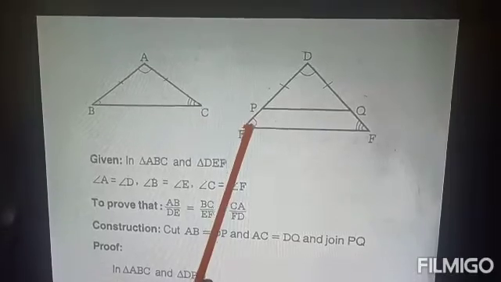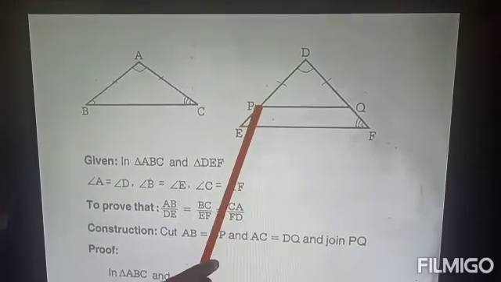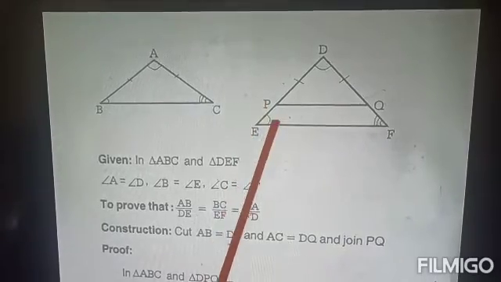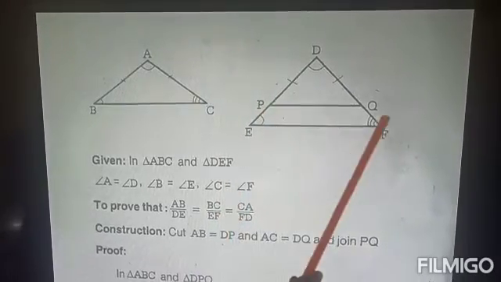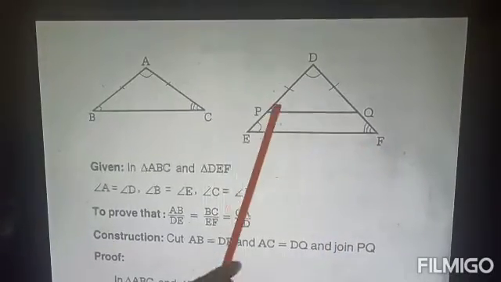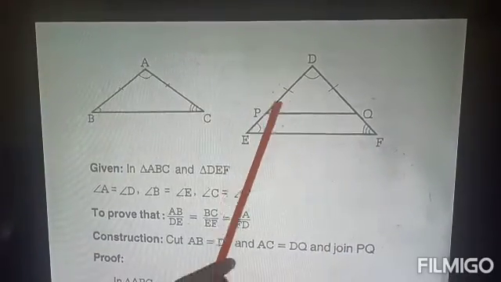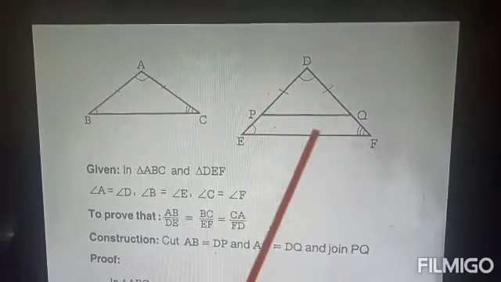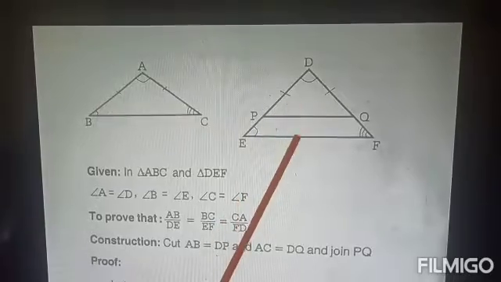See here, what we proved? Angle P is equal to angle E in equation 1. Therefore, this line PQ is parallel to EF. If two corresponding angles are equal to each other, then the two lines which make the angles are parallel to each other.